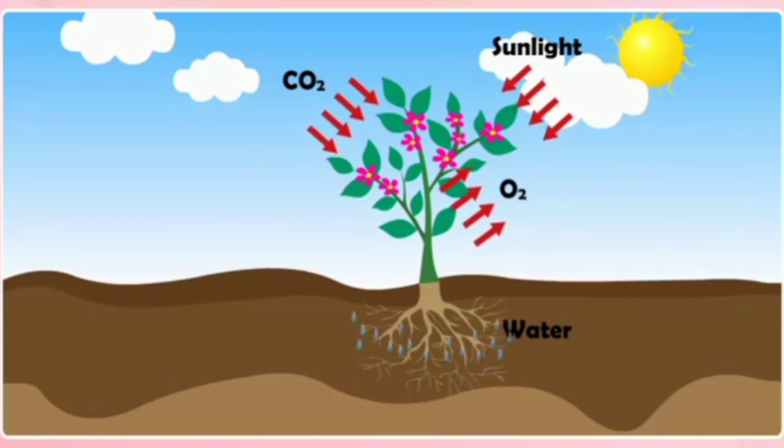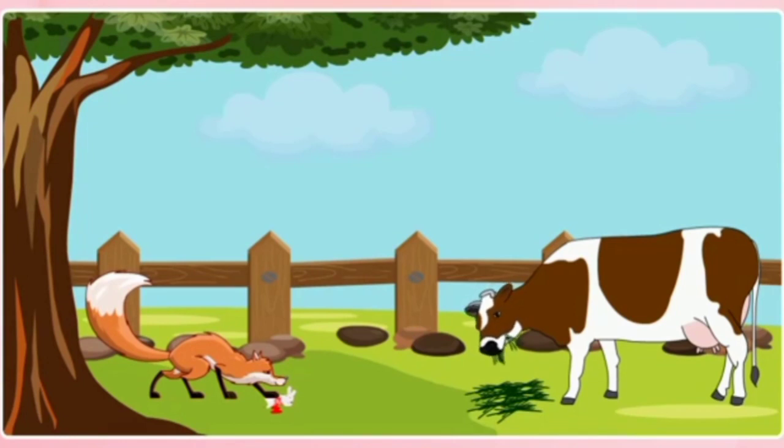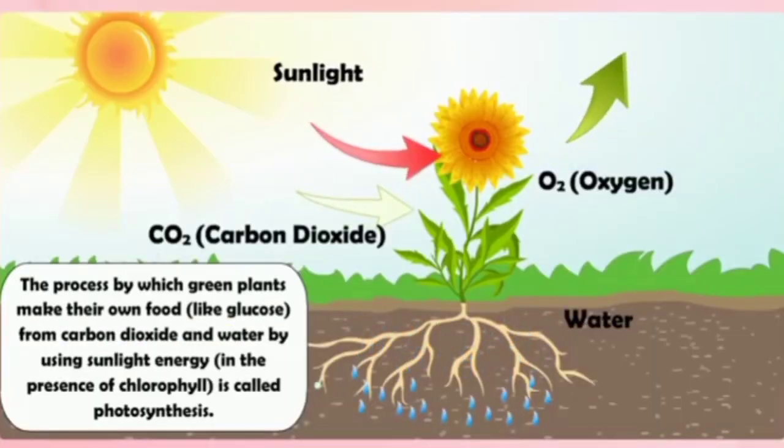Now, the next is the heterotrophic mode of nutrition. Those organisms which cannot make their food themselves by photosynthesis and take food from green plants or animals are called heterotrophs. The heterotrophic mode of nutrition is that type of nutrition in which animals feed upon the producers, which means green plants.